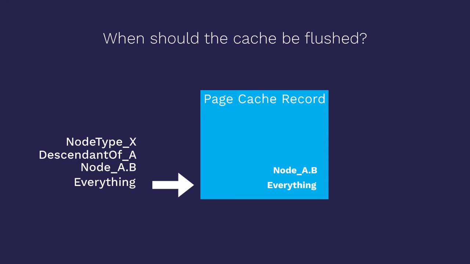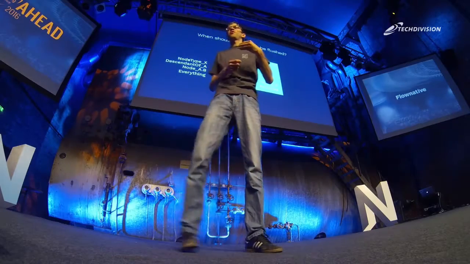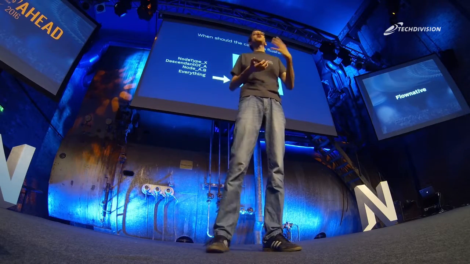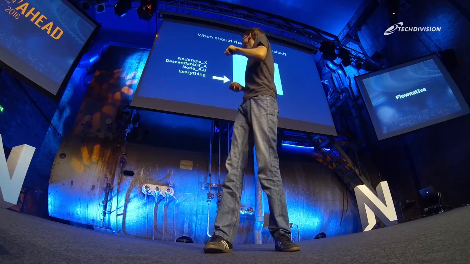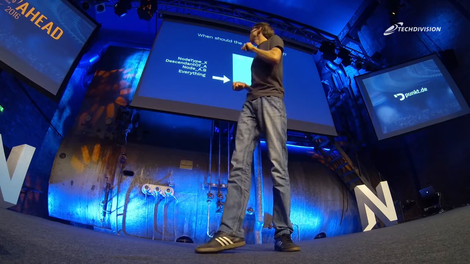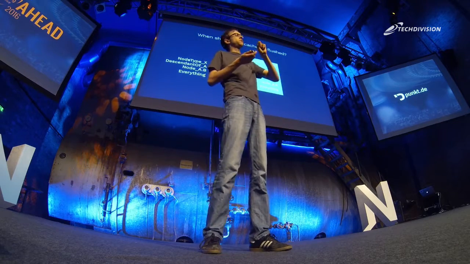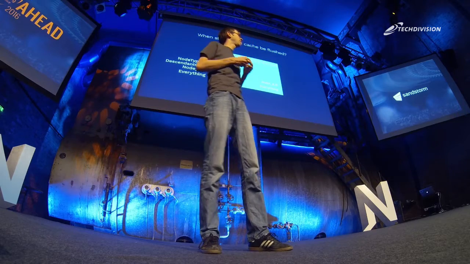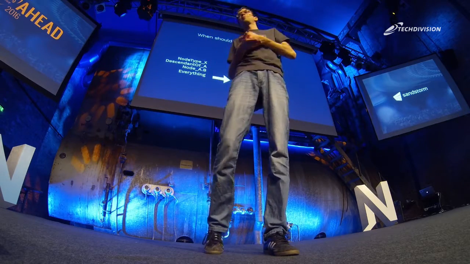And what we do is we put these tags on the cache record when we put the things into the cache. That's the first part. That's this thing here. And the other thing is, if something changes in Neos, then certain events are emitted to the system, which means on any change, this everything event is triggered. When a certain node changes, this node with the node ID is triggered. And also the event of all the parent nodes with the descendant, and also of the current node type.